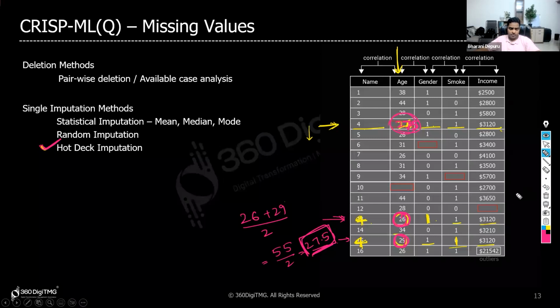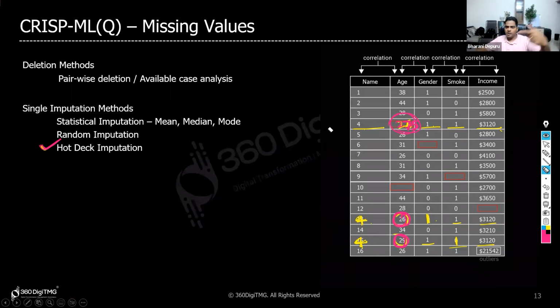Now, assume that after traversing through your entire data set, there was not even a single match. Your algorithm could not find even a single row which is exactly the same. Then what happens is you delete the last column here, whichever is that last column, and then using the remaining columns, try to find a match.